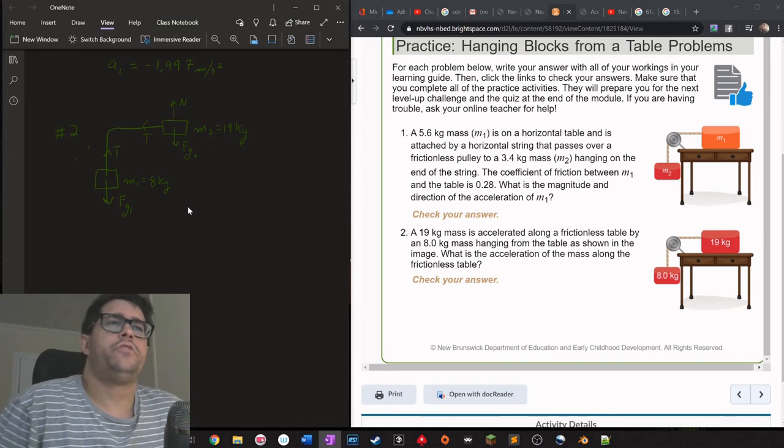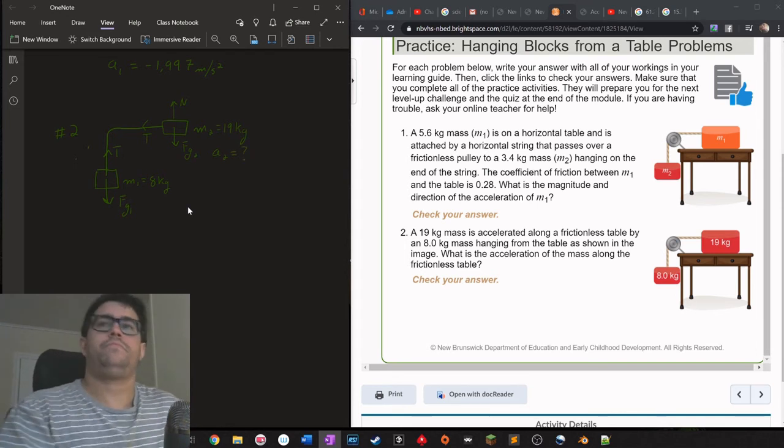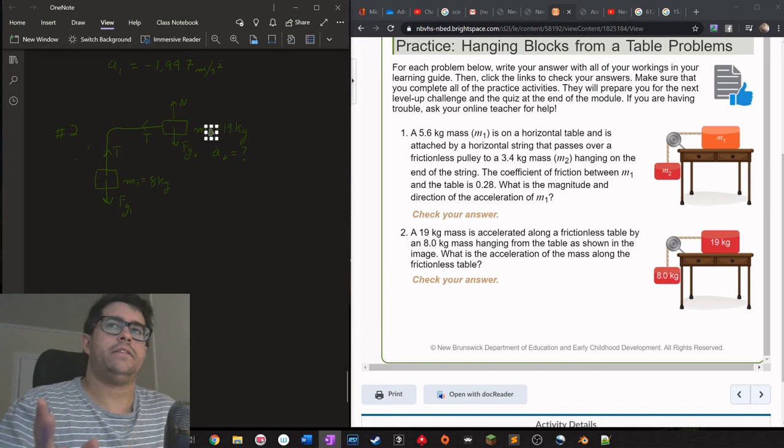What is the acceleration of the mass along the table? So A2 equals what? And I think they wrote it that way, so you would write M1, and FG1 shouldn't matter.